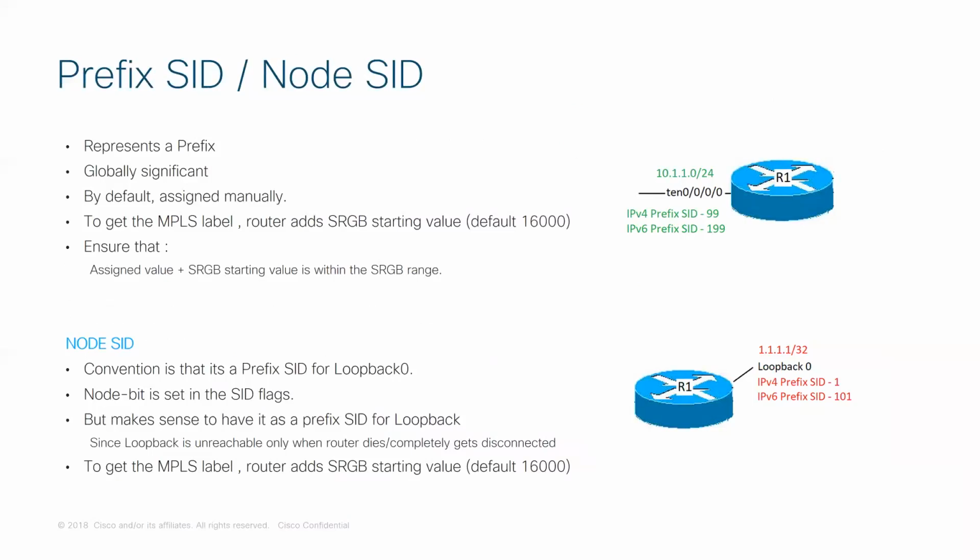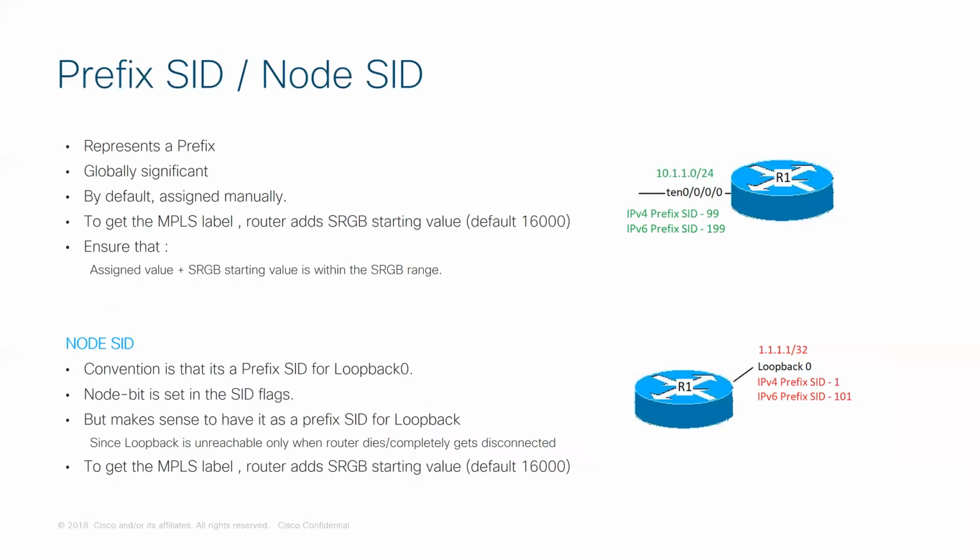The default range is 8,000 labels, 16,000 to 23,999. So I can give my segment identifier anywhere between 1 to 8,000. All these are manually configurable. If you end up giving 10,000 labels as the range, then you have 10,000 numbers to give as segment ID.